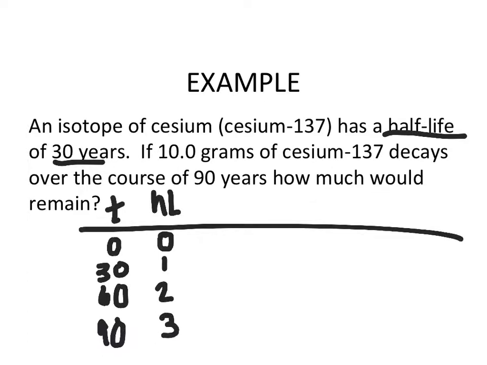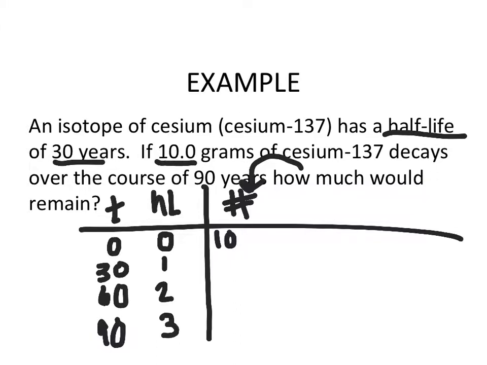So we have our time. Then we want to know our sample amount. So the amount. And I'm just going to put number because that reminds me of how much. At the beginning, we have 10 grams.